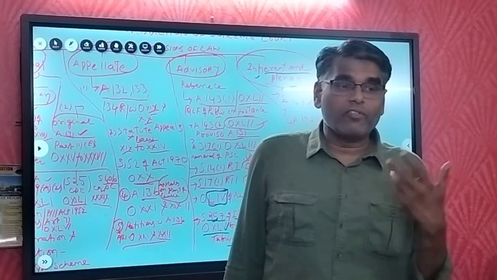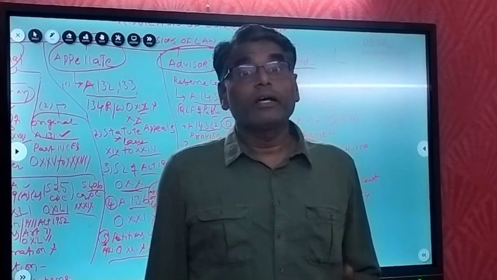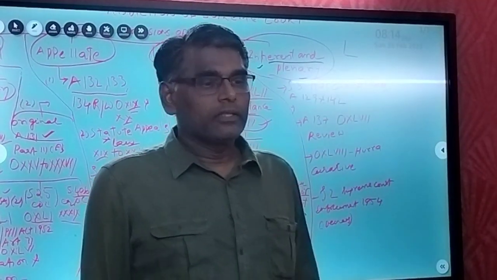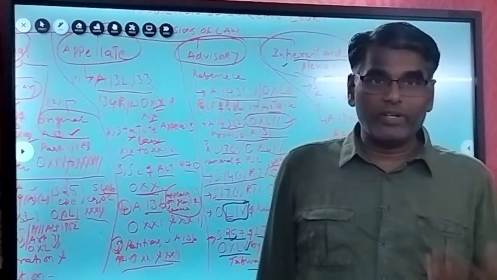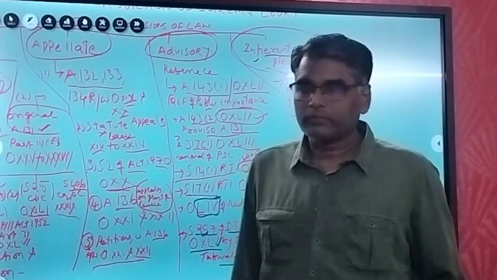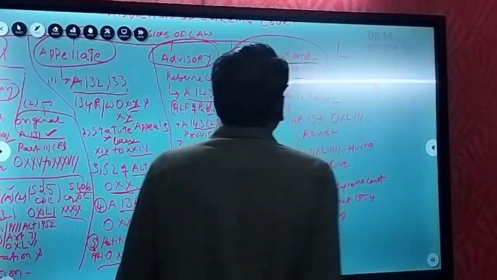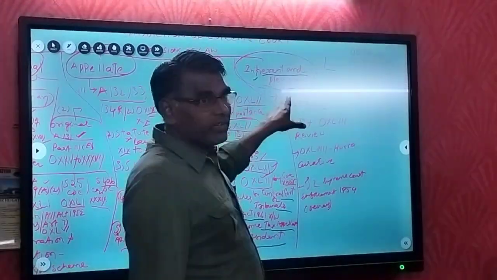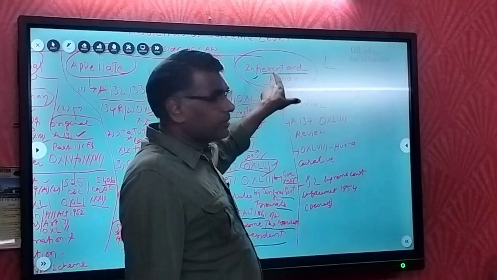Plenary means unqualified, absolute. It can pass any orders and decide any case, to do complete justice or to prevent miscarriage of justice. So the Supreme Court has plenary and inherent jurisdiction.